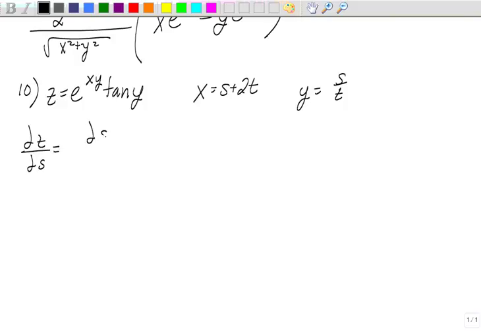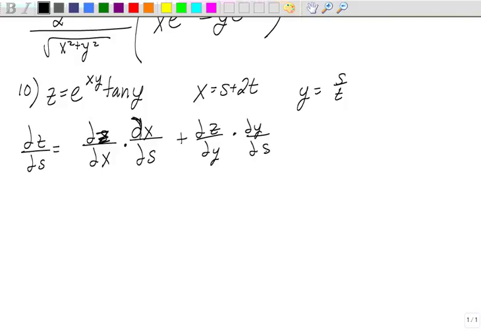So we do the partial of z with respect to x times the partial of x with respect to s, plus z with respect to y, y with respect to s.